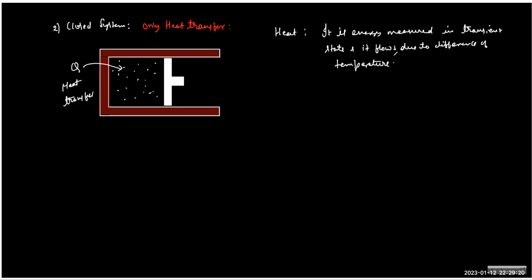Heat is only measured in transient form, which means while it is flowing, you can find how much. Let's say when you touch the ice, there is a flow of heat from your body to the ice. And if you melt the entire ice, I can clearly say that the energy which has flowed from your body to the ice is m into L, where L is the latent heat of fusion.